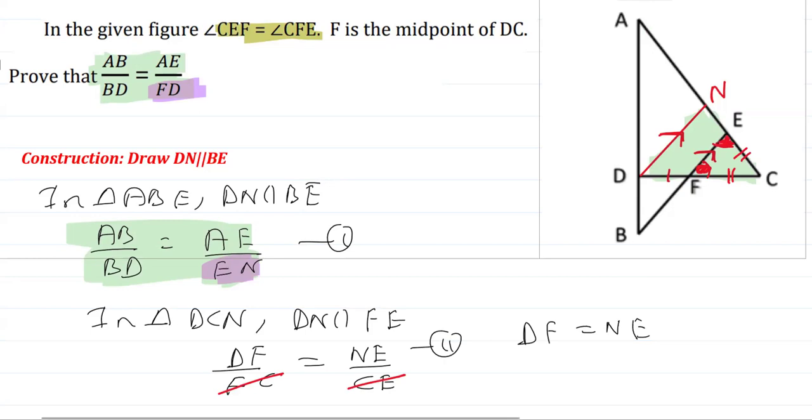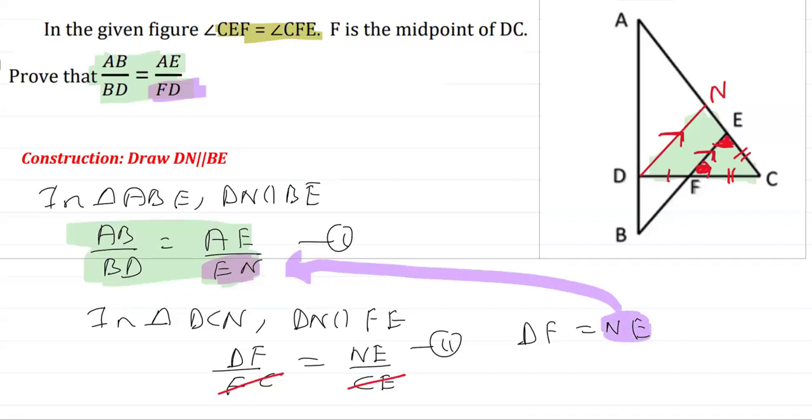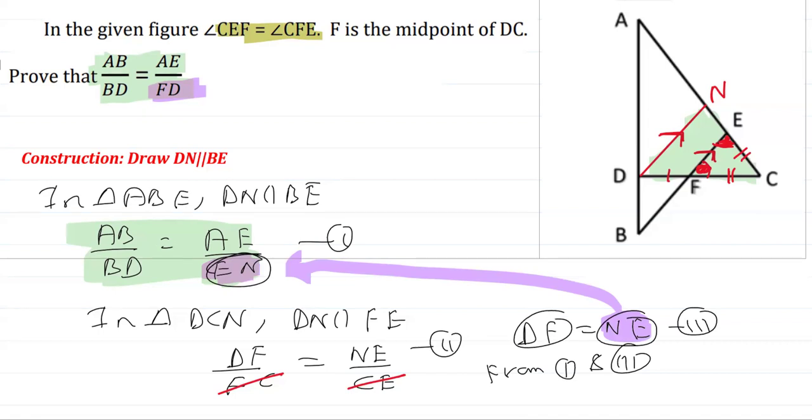Now, what I said is that if I replace this NE over here, we'll get DF, and that is what we are required to prove. So we mark this equation as 3, and say this is 1. From 1 and 3, what we are going to do is replace this EN with DF.